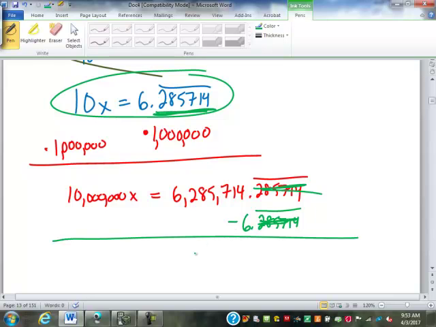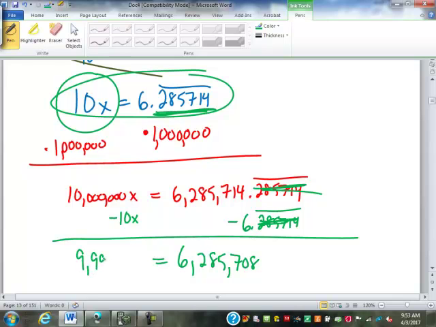Well, I still have to subtract the 6. This is 6,285,708 now. What am I going to subtract from the left side? 10x. So this is 9,999,990x.